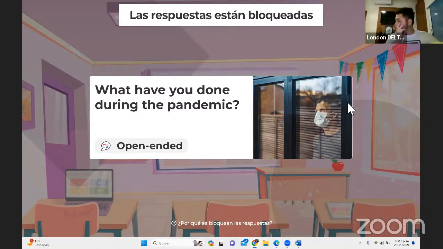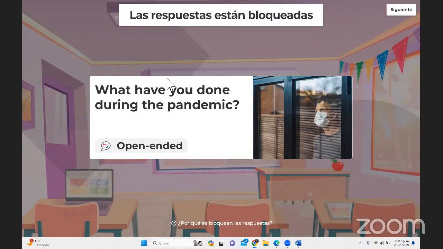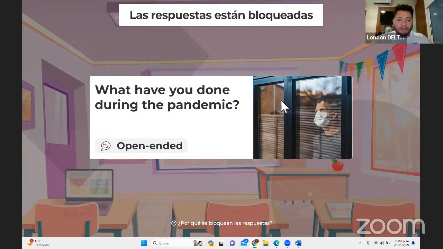Muy bien, vamos. Gabriela ya nos puso su oración, pero tiene un pequeño error.